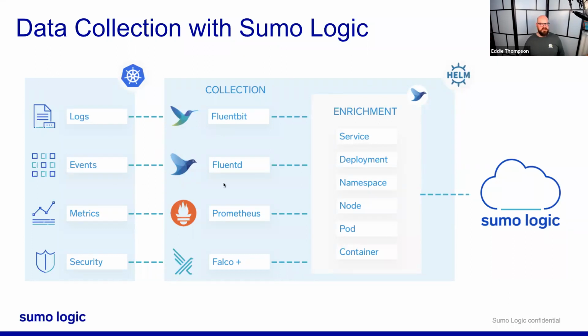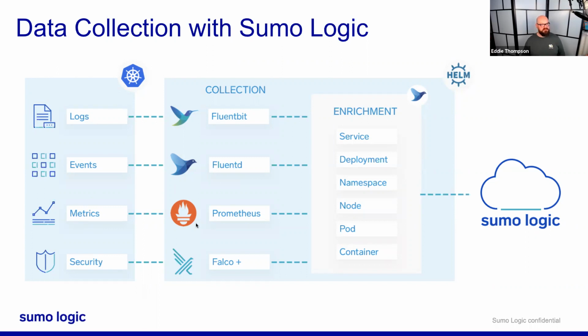For events, we have written a Kubernetes Sumo Logic plugin for FluentD, and that polls the Kubernetes APIs and grabs all that information that we get from the APIs, the events, and forwards those down the pipeline as well.